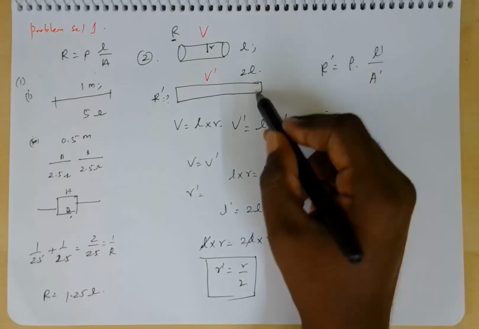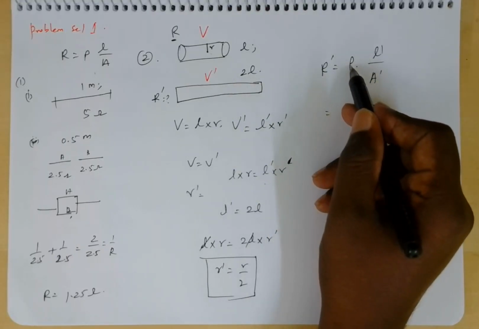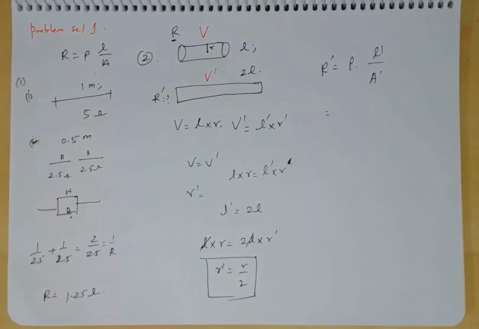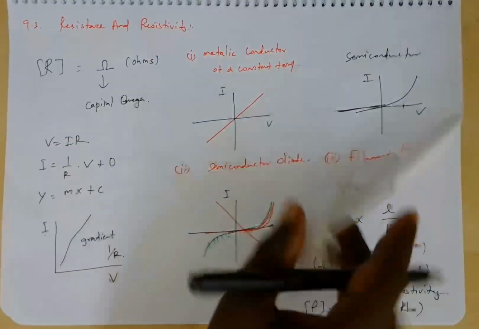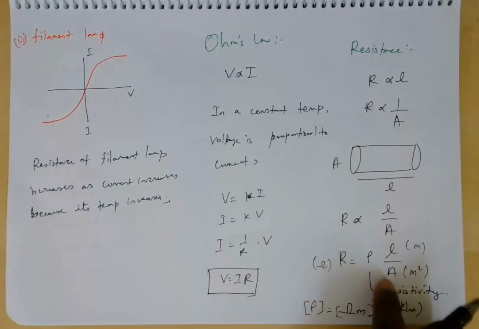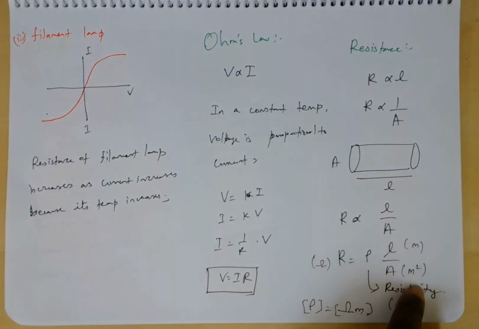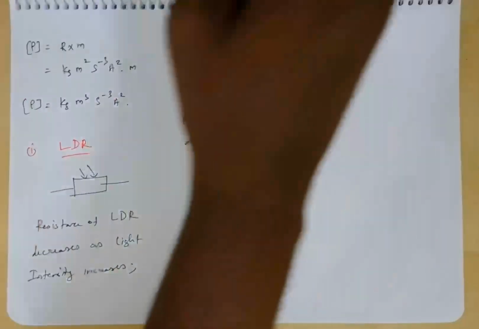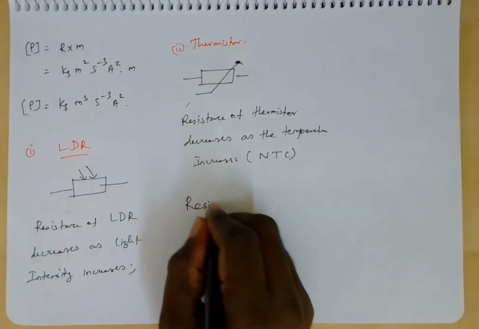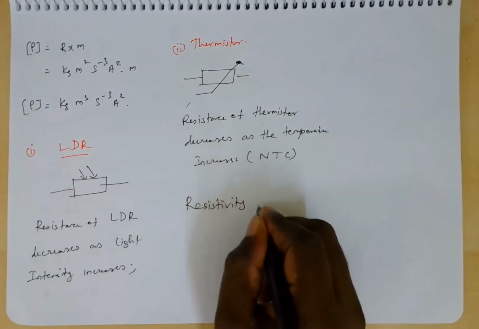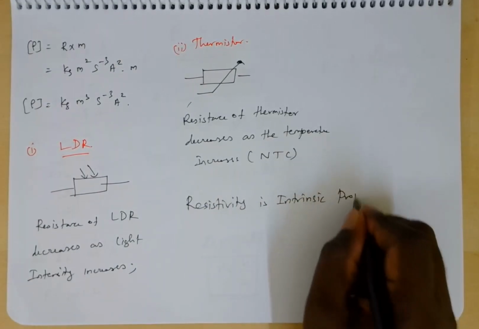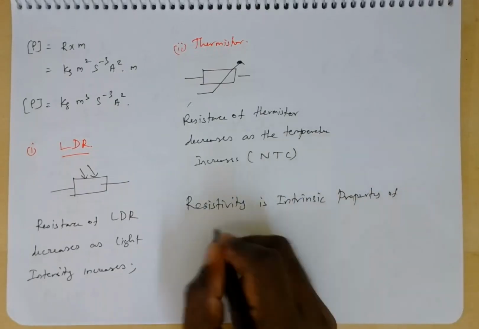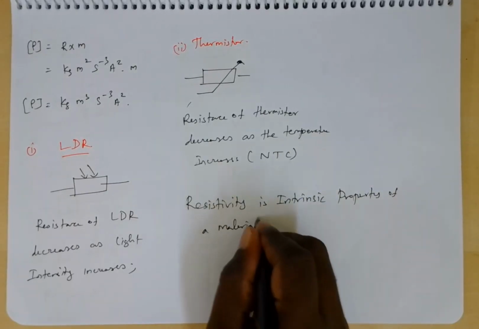Is the rho going to change? Resistivity is the intrinsic property of the material. I forgot to add it here. What do you mean by intrinsic?